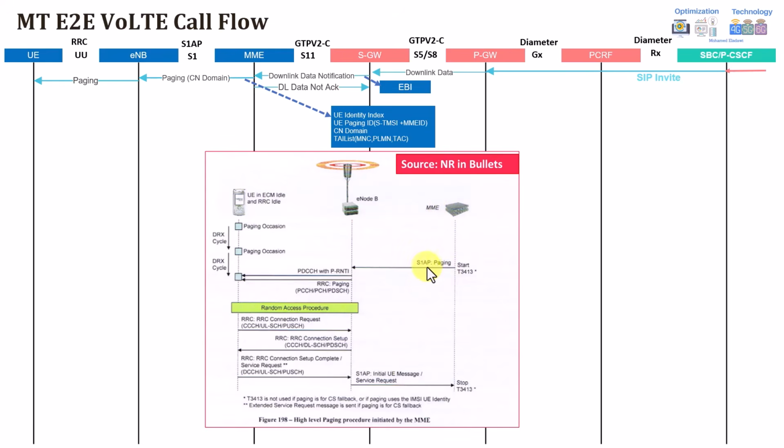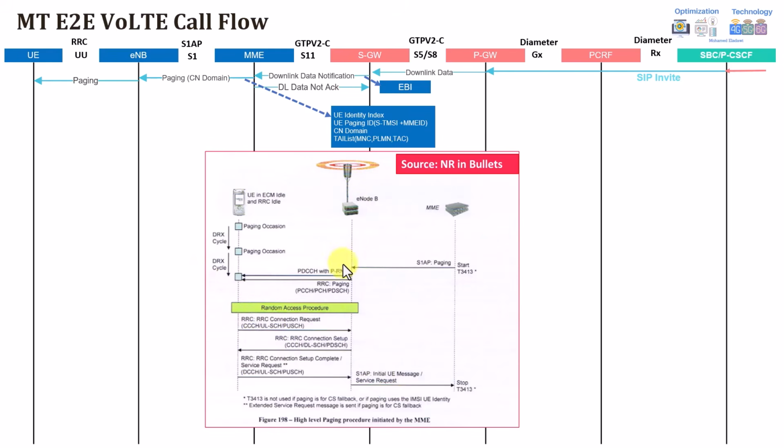It has already forwarded the S1AP paging, and once it forwards the paging to the eNodeB, the MME will start a timer called T3413. This is a supervision timer for the paging procedure, and the MME can reattempt the paging procedure if this timer expires before it receives any confirmation from the UE or the eNodeB.